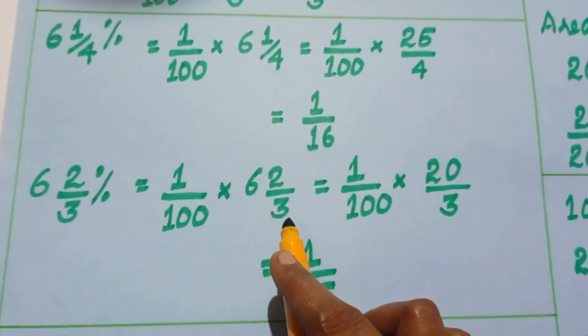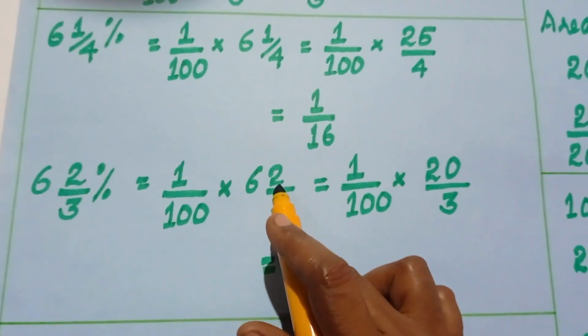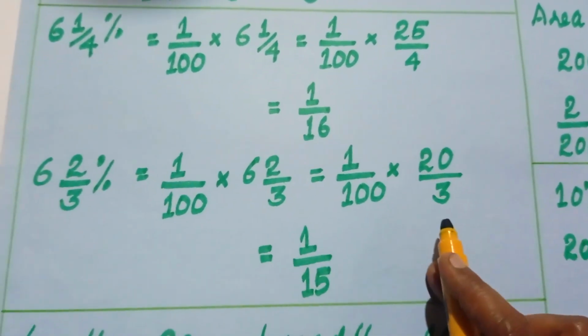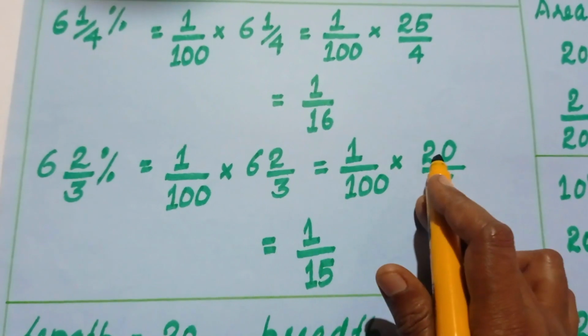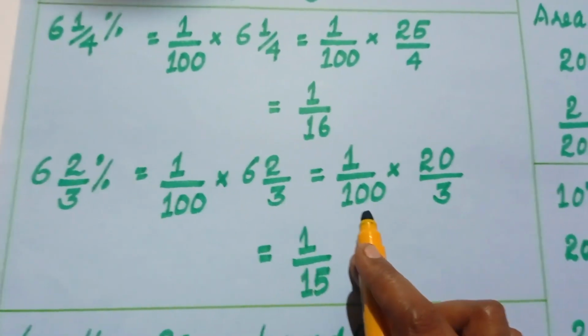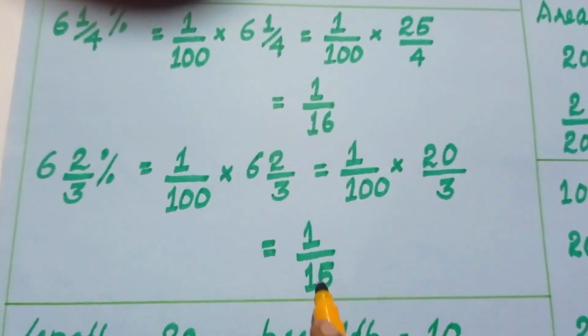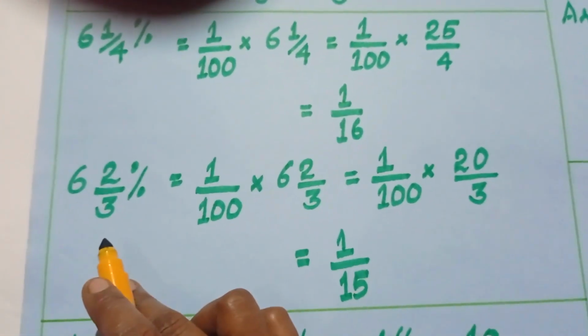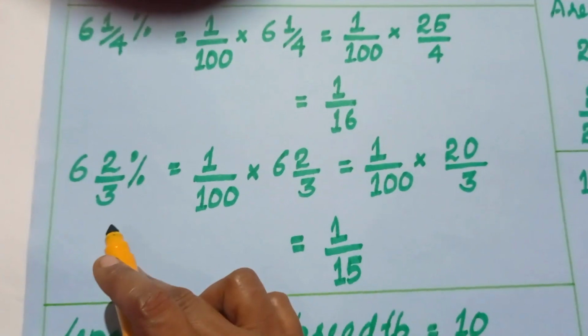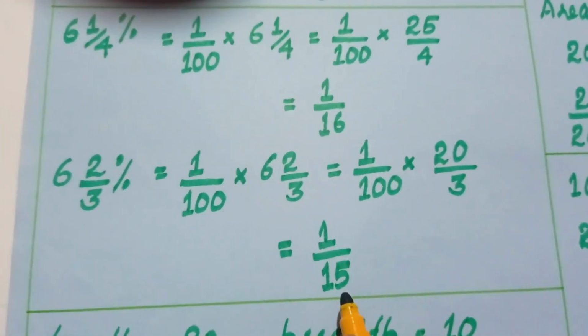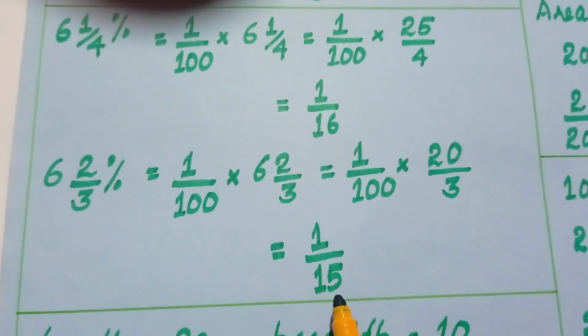That is 6 into 3, 18, 18 plus 2, 20, so 20 by 3. Then 100 by 20, we get 5. 5 into 3, 15. So 1 by 15. Then 6 and 2 by 3% of something means 1 by 15 of that.